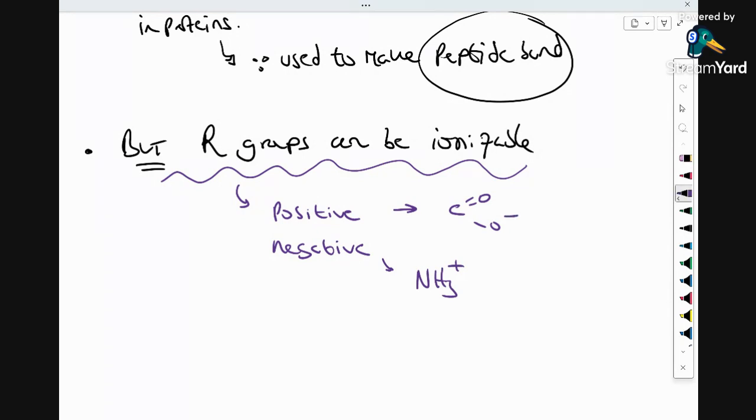This becomes O minus, right? And of course, these aren't tied up in making a peptide bond, so they are free. They're kind of exposed, if you like, in the protein. And therefore, the charge they have matters a great deal, right? It matters whether this guy in a particular amino acid R group is negative or not, or whether it's got a proton and it's not negative. It matters whether the NH2 group has picked up a proton and become positive or not. So that's the background.